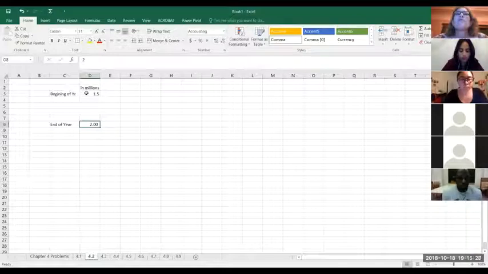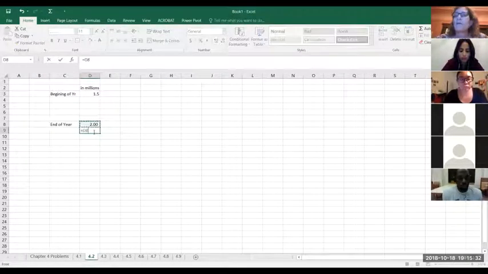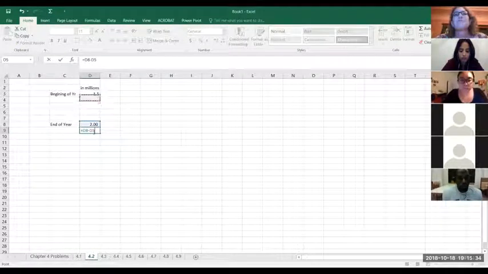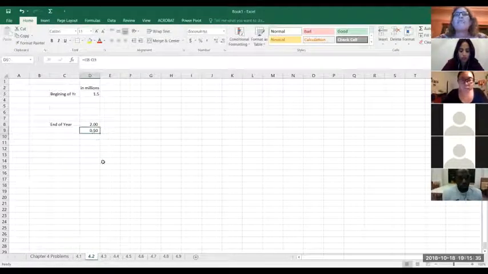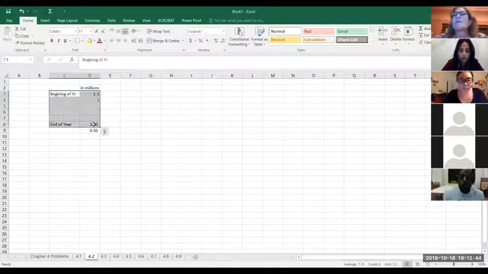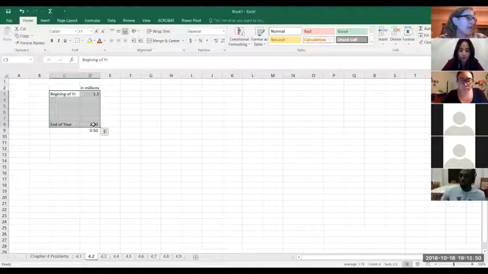If your equity went up, what's the difference here? It went up by $500,000. If nothing else changed, then the variance here must have been related to net income.